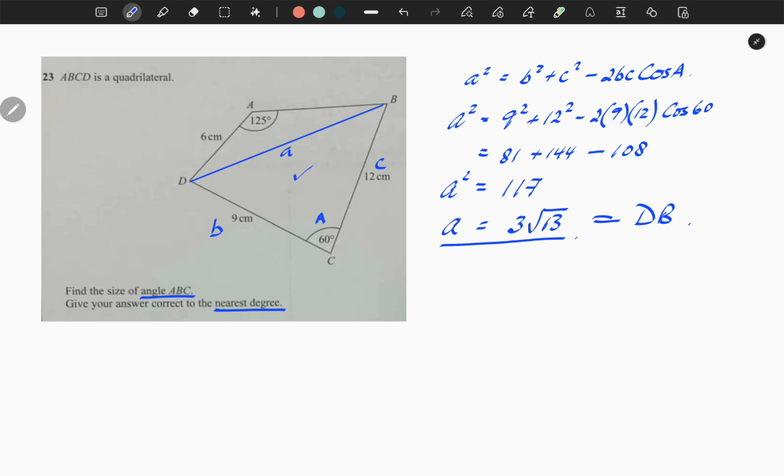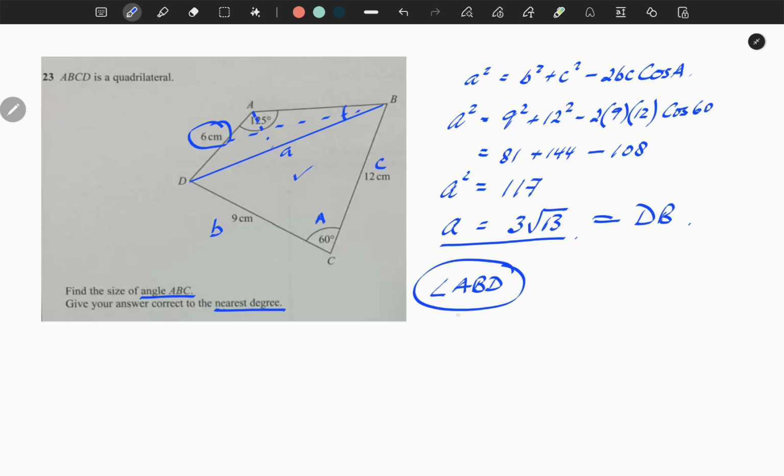So let's apply it to angle ABD. We know this side 6, AD, is opposite to the angle ABD. And the side that we've just found, DB, is opposite to that 125.